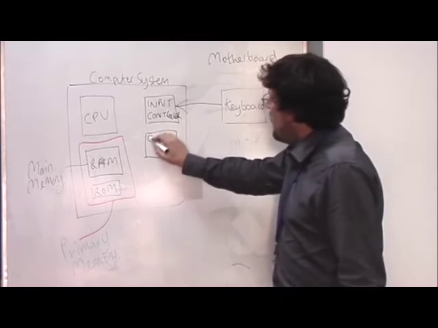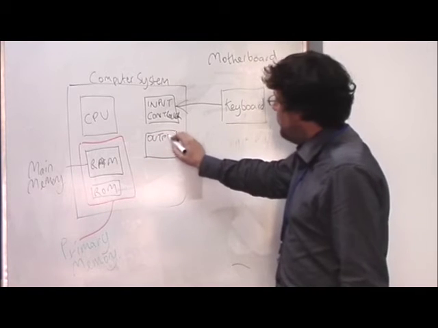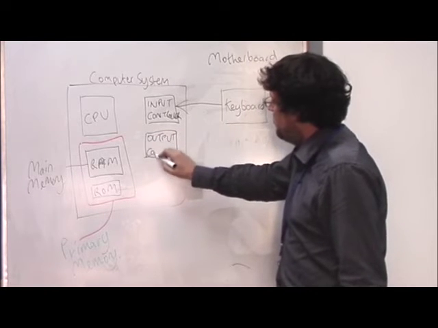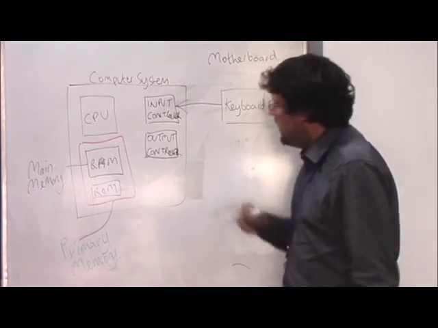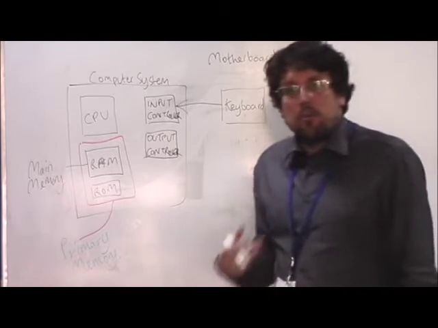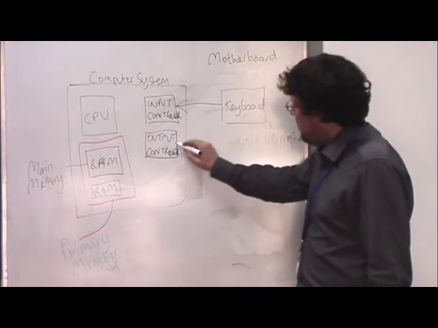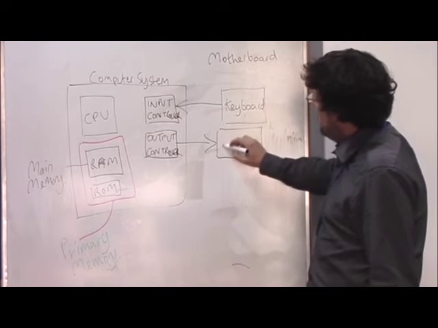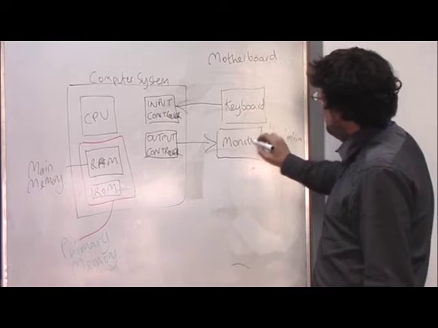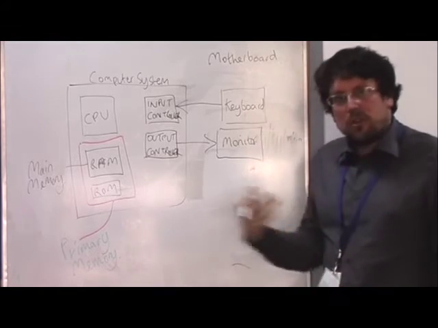So we use an output controller. Okay, and again, there are lots of different output devices. In this case though, I'm going to connect a monitor to my computer system.